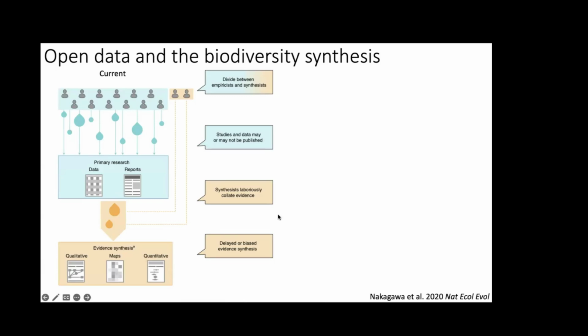And so historically, or even today, we really see a bit of a divide between empiricists, the people who are out there collecting data, and the people like me who are taking that data and trying to reuse it to ask questions. This divide between empiricists and synthesists exists because often people don't publish their data. We're seeing a bigger push from more and more journals that data should be made open in order to be published. But at the moment, that's not terribly widespread.